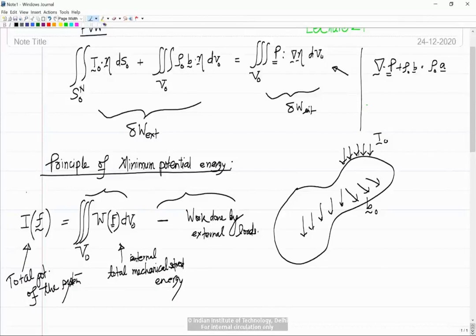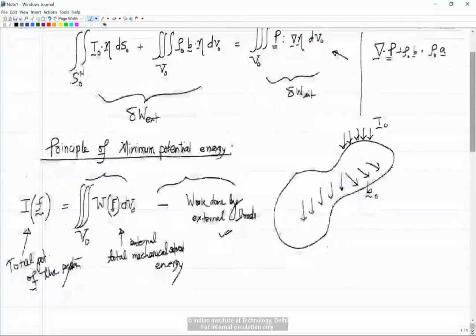If the body were an isolated system, then this second term would not be required. Okay, so now we have to write down the expression of the work done by external load, and the external load here is your B naught and T naught.